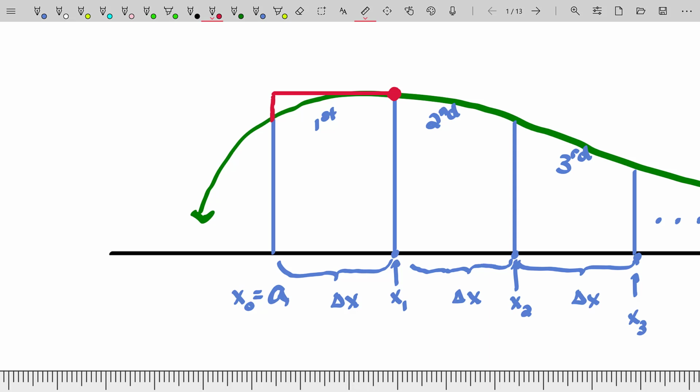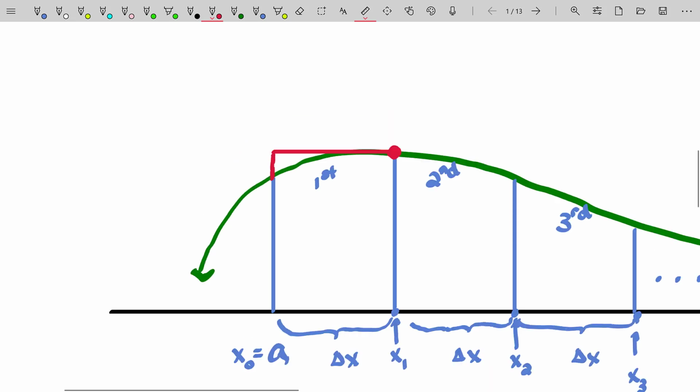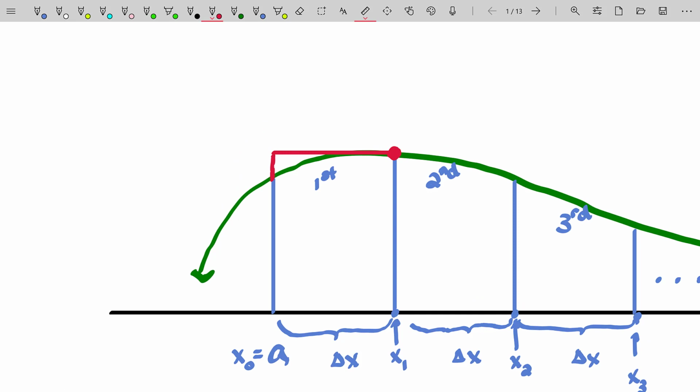So in that case, the area, if we used right endpoints, and again, I'm using red for the right endpoints here, the area of that first rectangle is going to be width times height, width being delta x, height being f evaluated at the right endpoint. That would be the area of that ith slice if you were using right endpoints.